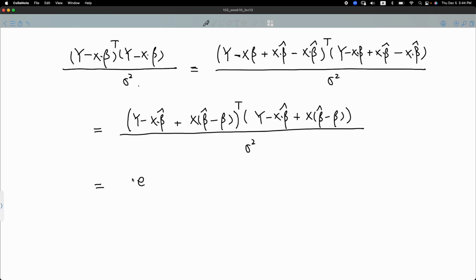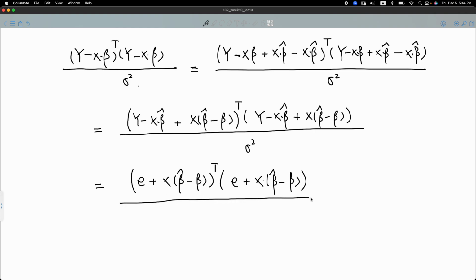So here is the e, not the epsilon. And then we have the same thing. So now we are back to two terms inside the parentheses.